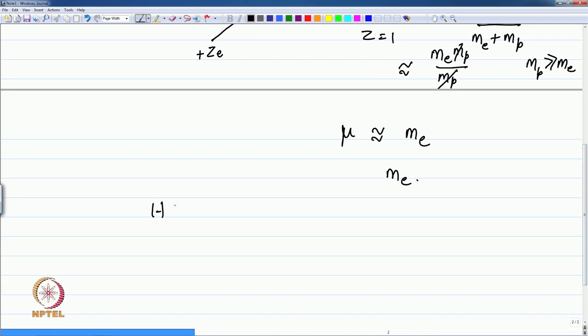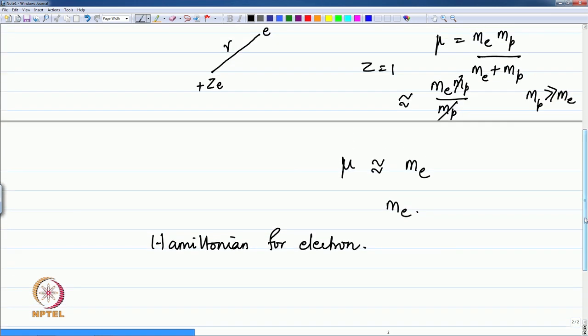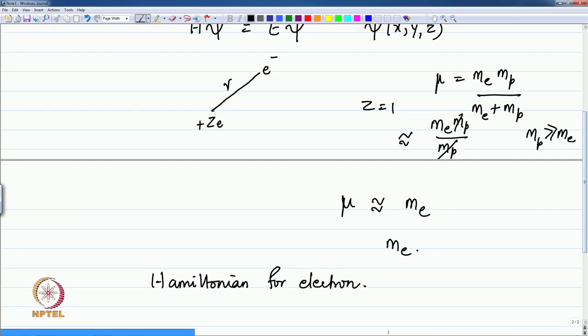Therefore, we need the Hamiltonian for the electron. So let us assume that the nucleus is stationary, does not contribute to the overall kinetic energy of the atom. That is already there in the center of mass, which is not considered here.